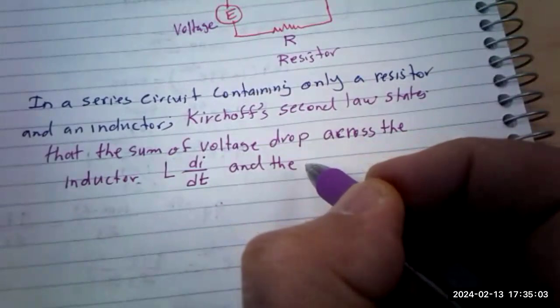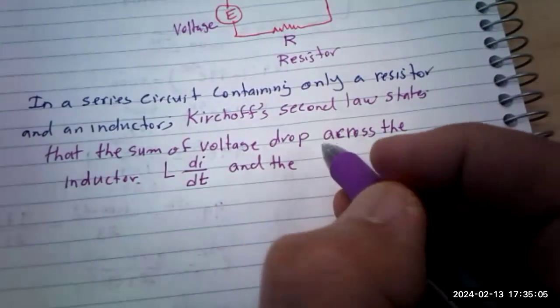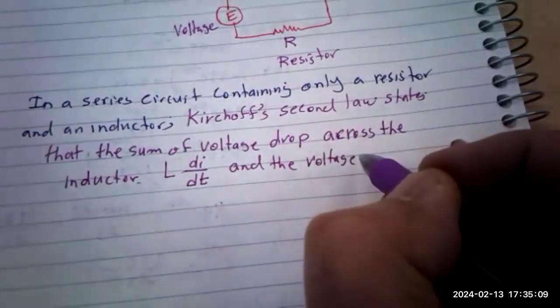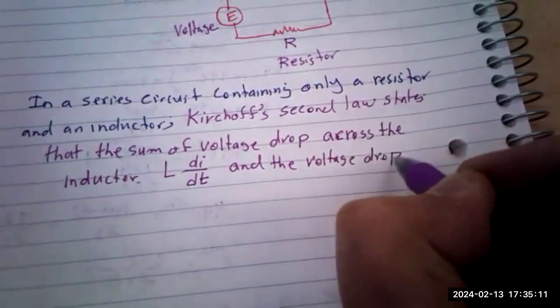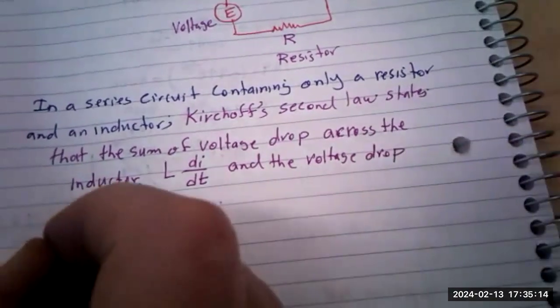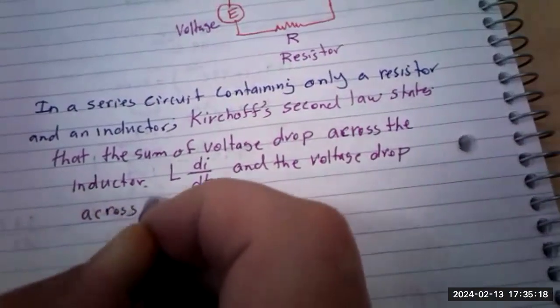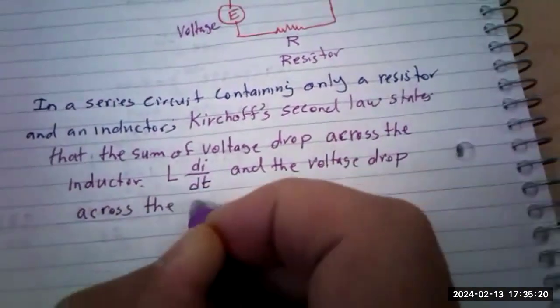So the sum of the voltage drop across the inductor and the voltage drop across the resistor.